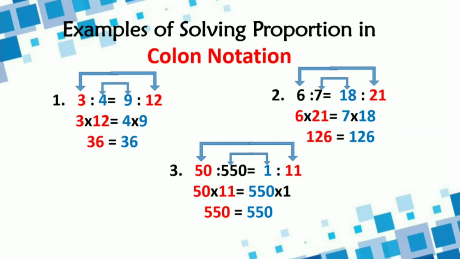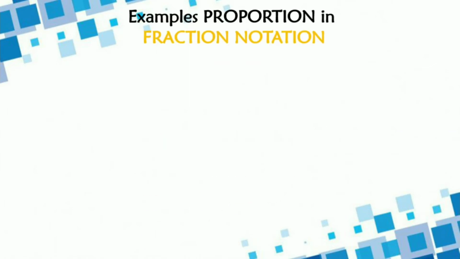Now let's proceed to solving proportions in fractional notation. We have here 3:9 is equal to 9:27. Kagaya na nabanggit ko kanina, we have to use cross multiplication method.